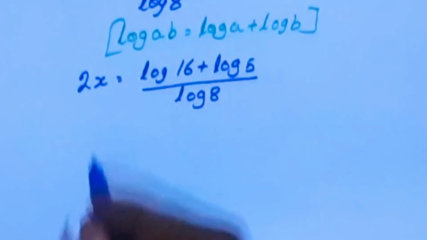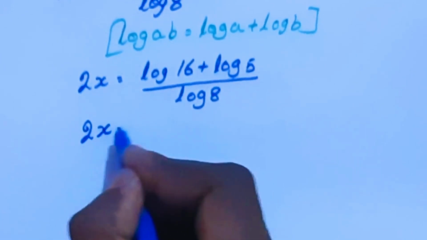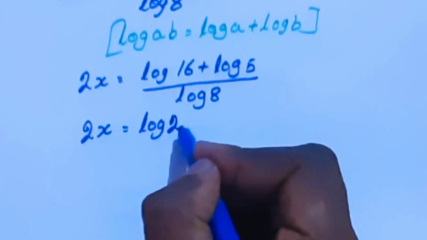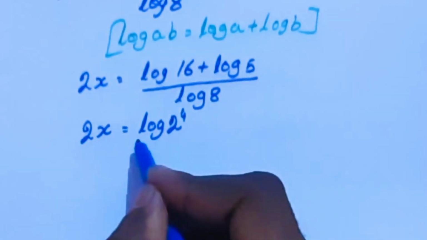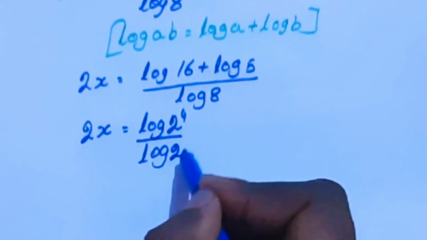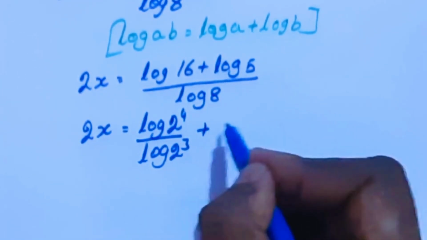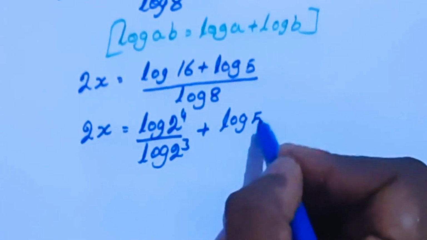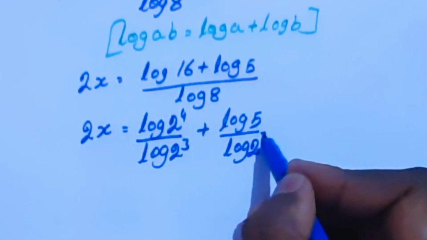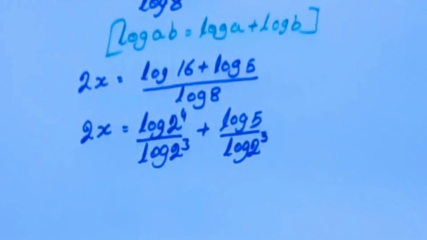Now this can be written as 2x equals log of 2^4 by log 8, where 8 can be written as 2^3, plus log 5 by log 8, again 8 written as 2^3.